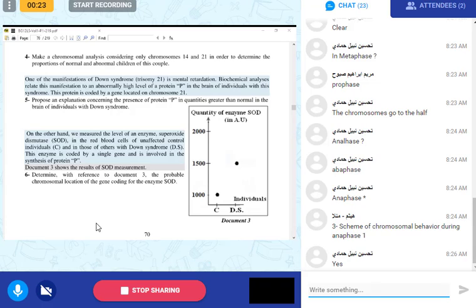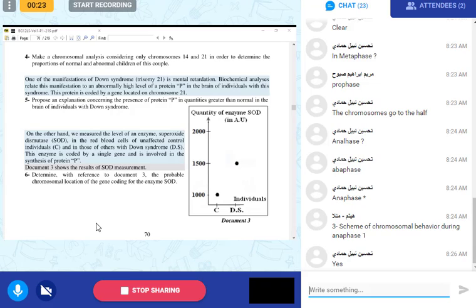But here we will write only chromosome 14 and chromosome 21 in order to determine the proportions of the normal and abnormal children of this couple.